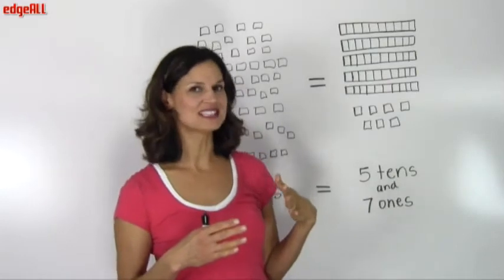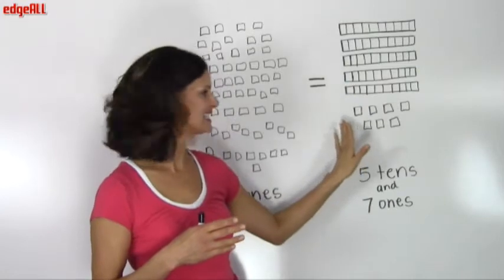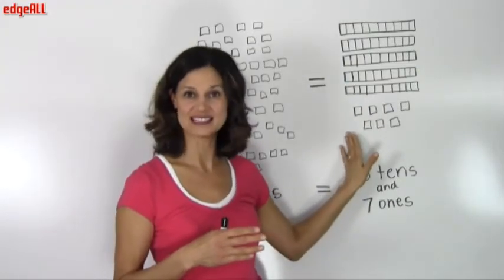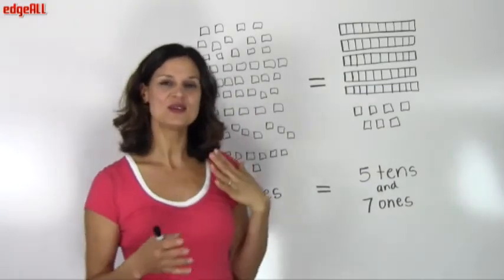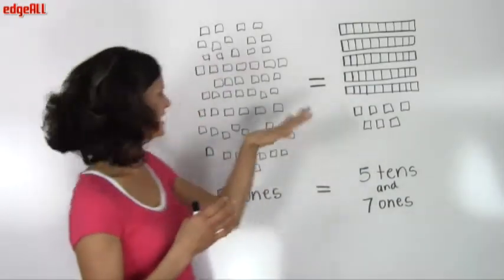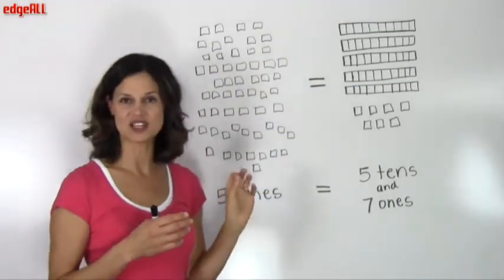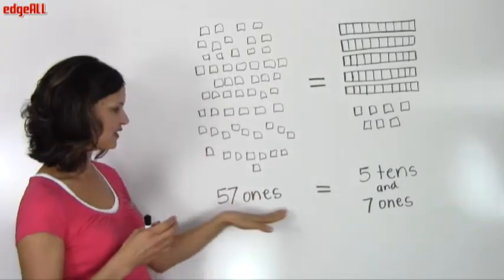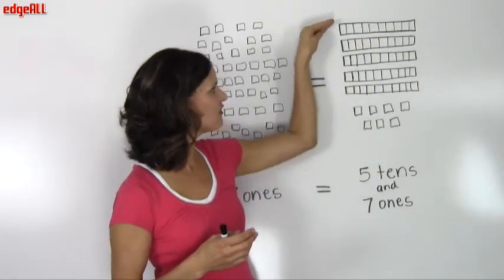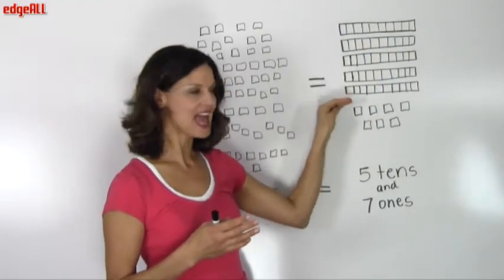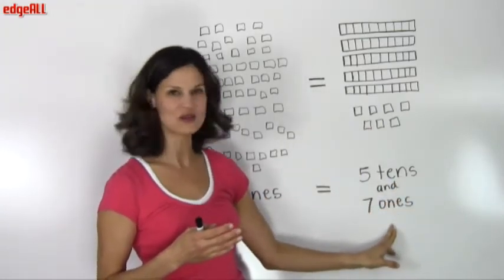If you count the squares in the 5 groups of 10 plus the 7 individual ones, you'll still have an answer of 57. So there's no difference between the picture that we have here on the left of 57 individual squares, or 57 ones, and the picture we have here on the right of 5 tens and 7 ones, 5 groups of 10 and 7 ones.